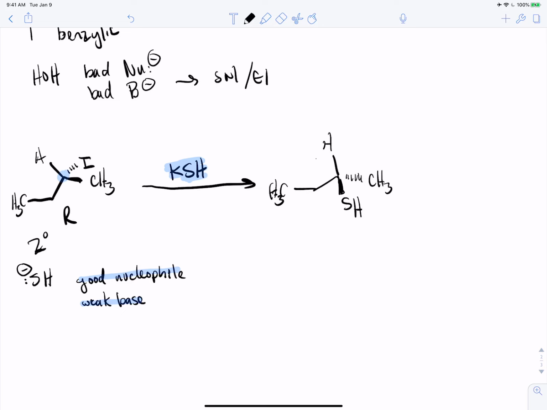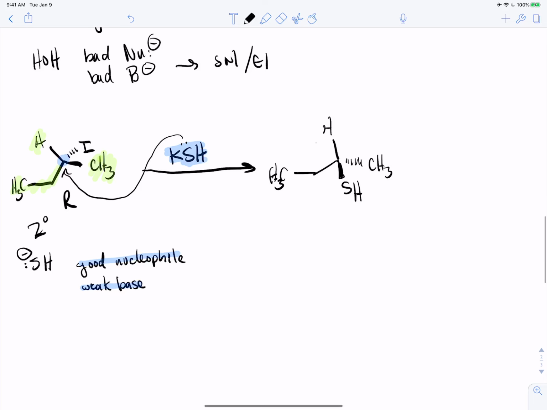What I did in my mind's eye here, and again, you don't have to do it this way, is I imagine this coming in and attacking at the front there, and then as it attacks at the front, these groups move back. You can do it whatever way you want. But as that departs, I know that the sulfur is going to attach to the front of the molecule. And the main thing that it's going to do is push this group that was sticking out. You can see over here now it's in the back of the plane.